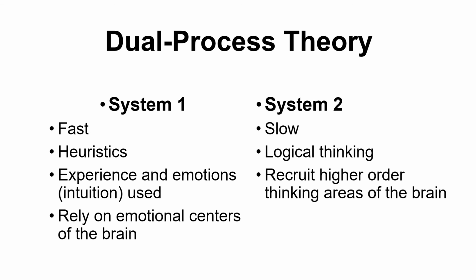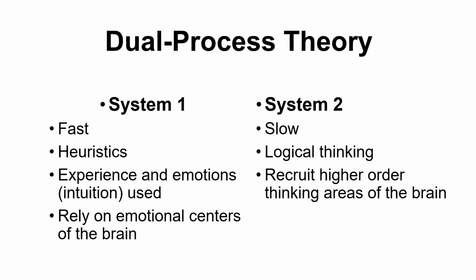So the dual process theory states that we have 2 different systems, or 2 different ways that we can process information. System 1 is a quick and automatic component of our reasoning process. This would be consistent with intuition. So this is where we would have fast solutions, fast gut responses.